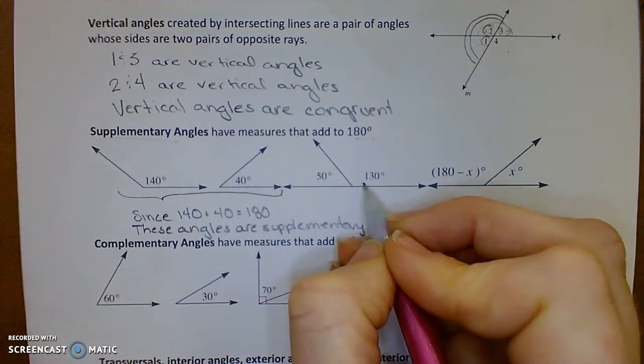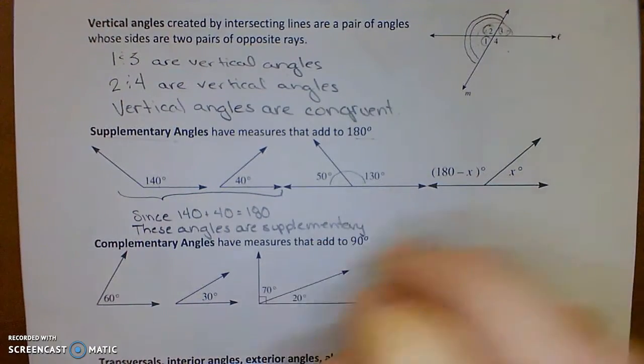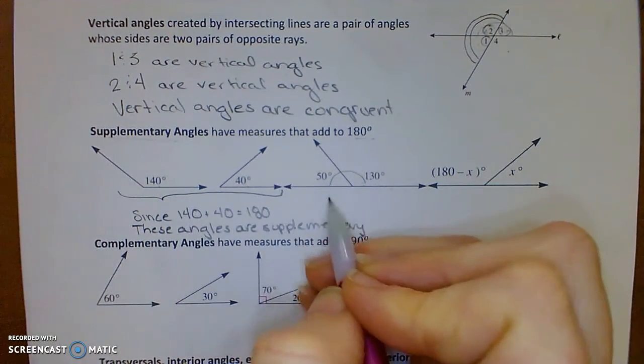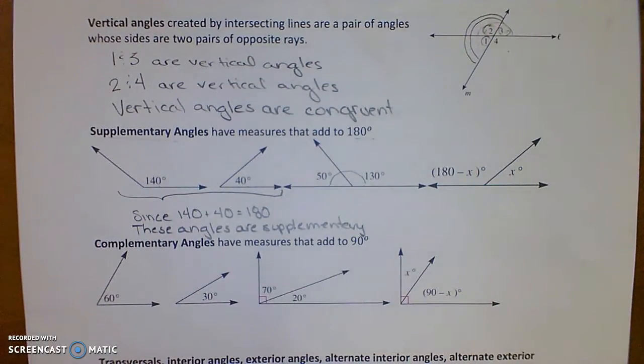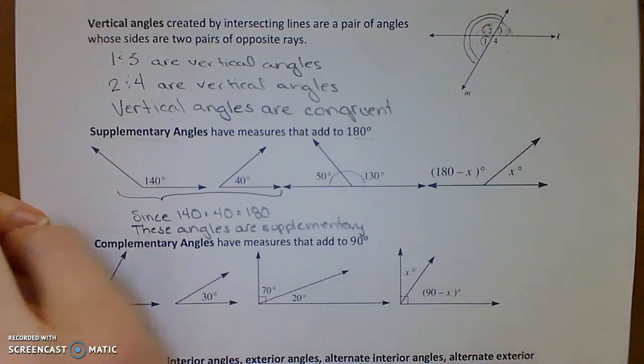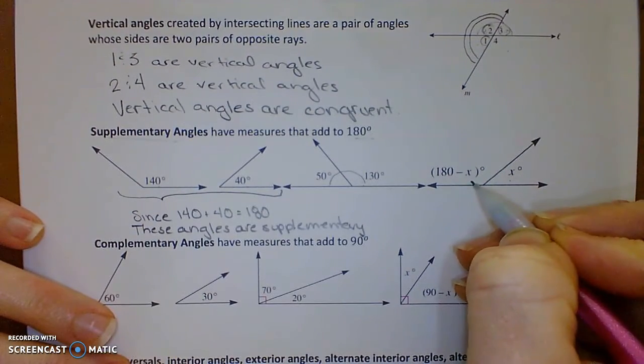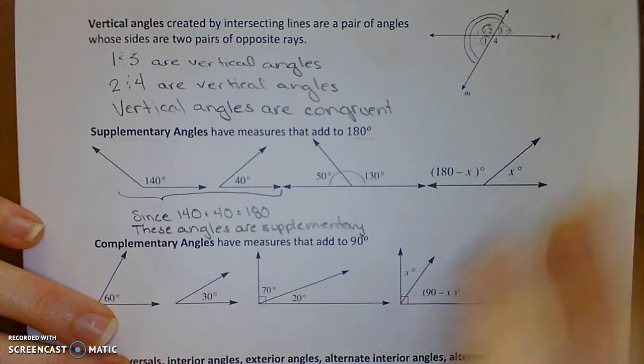Normally you'll see them positioned so that they're adjacent to each other, like this one, 130 plus 50 is 180. So if you put them adjacent to each other, they create a straight line. Also, if you have one angle that's say x degrees, its supplement will be 180 minus x.